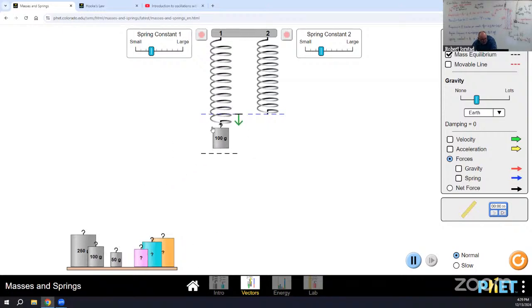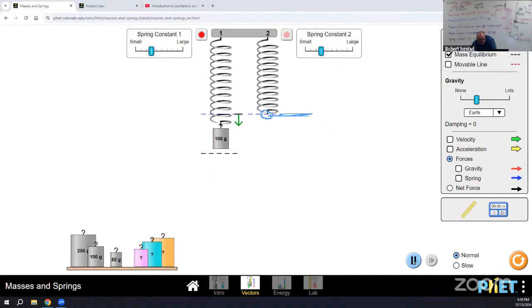When I snag this thing and put it on here and let go of it, it's going to start oscillating back and forth around the equilibrium position. Now look carefully here. Let me annotate something. Notice it's measuring things relative to this part of the spring.